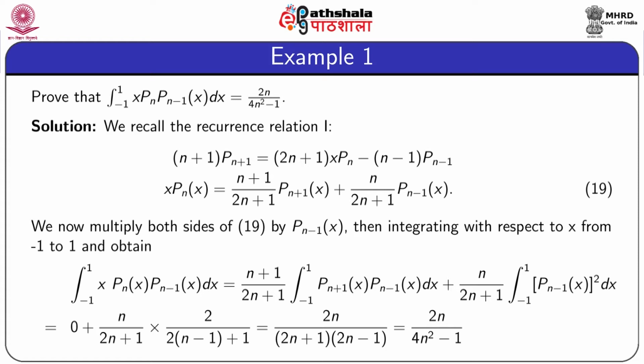Again, here n plus 1 and n minus 1 are different, so the value is 0. But here both are P_(n-1) and P_(n-1), they are the same, and hence the value will be 2 divided by 2 times (n-1) plus 1, which is given here. After simplification, we get the result 2n divided by (4n² - 1). This concludes example 1.